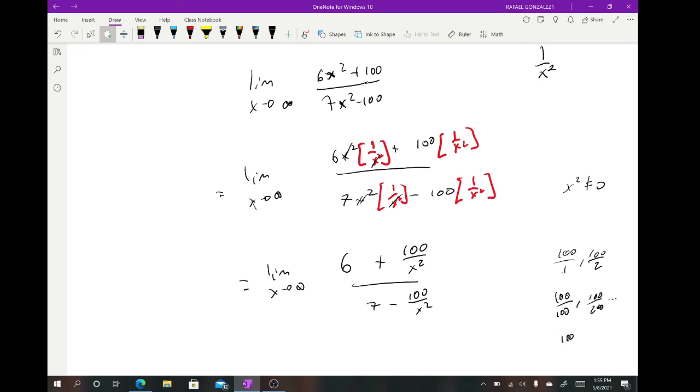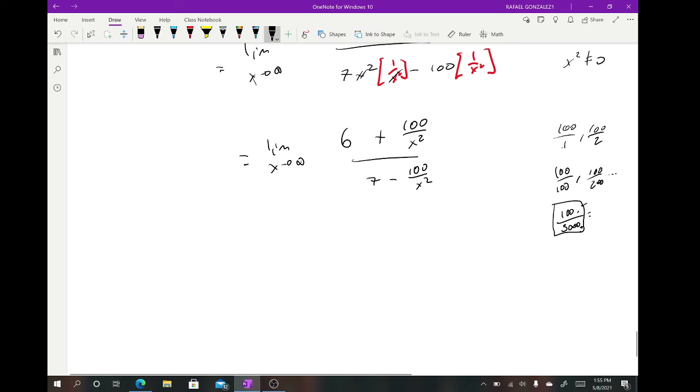You're going to have 100 over, let's say, 3,000, and you can see that the fraction as a whole is getting smaller because the denominator is getting bigger and the numerator is staying the same. So when the numerator stays the same but the denominator gets larger, the fraction as a whole becomes smaller.